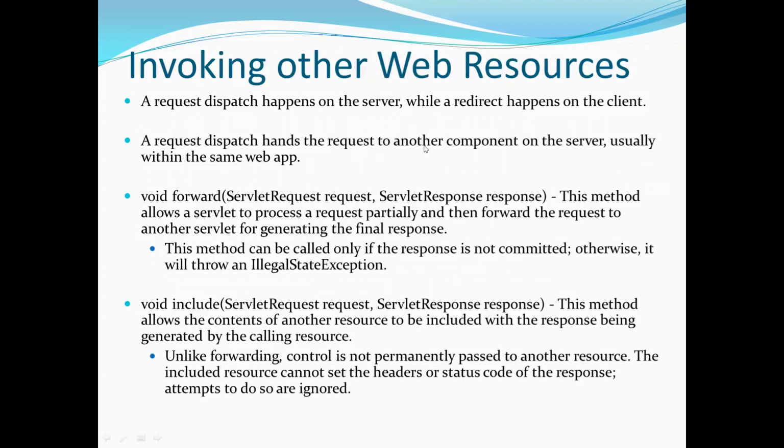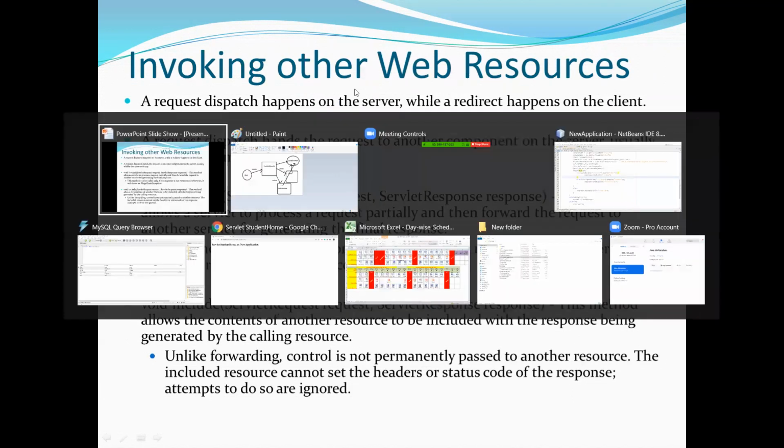Now come to this part. This is very important. Invoking other web resources. How to invoke other web resources when you send a request to a particular resource. What is meant by this heading is, just look at here.